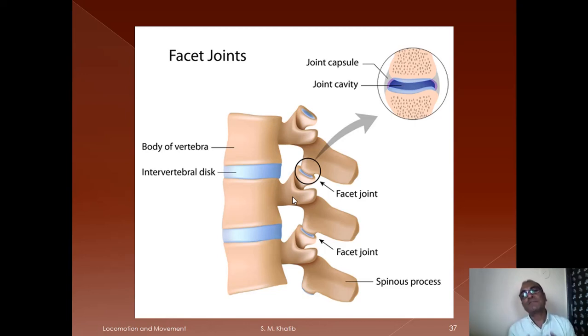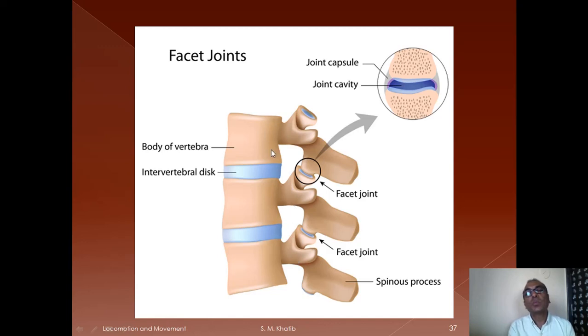So there's a gap between the two neural arches, and the bottom is the upper surface of the centrum. So that is forming the neural canal through which the spinal cord passes all along. If the spinal cord is drawn, you can see part of the spinal cord here, but you can't see it here because it is passing through that canal.